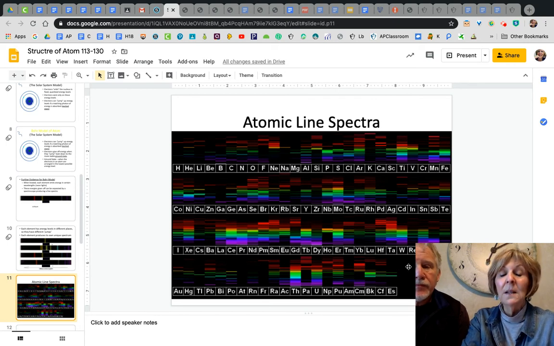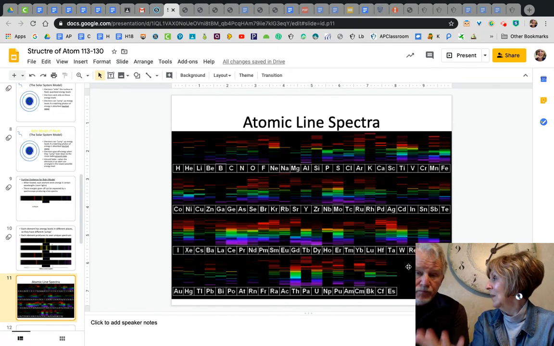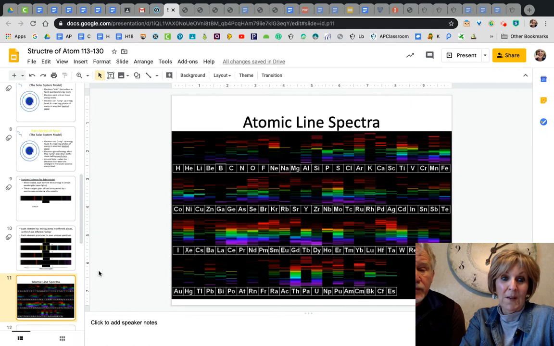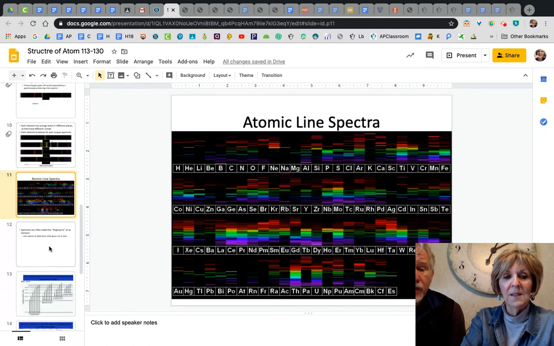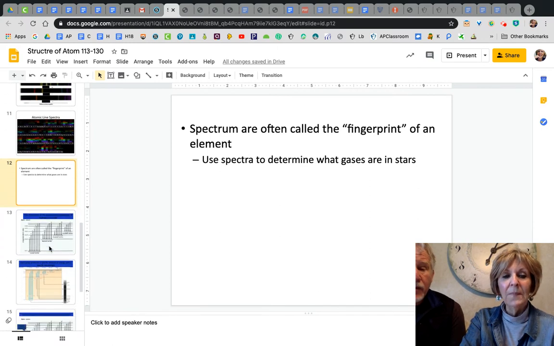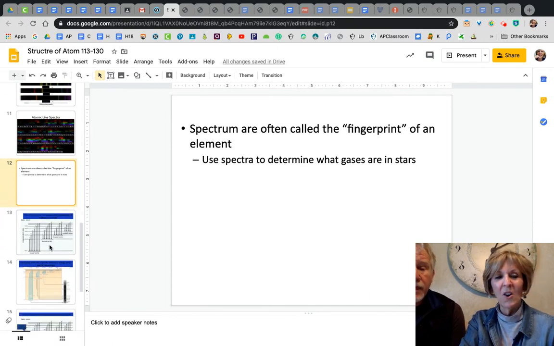Because it's basically like a barcode of light energy that is specific for every element that we have in the universe. So this is how we can use instruments, right? We can get light from stars and figure out what elements are in there, because it's whatever the barcode is of that particular element. So that's how we know what is in these stars that are far, far away.